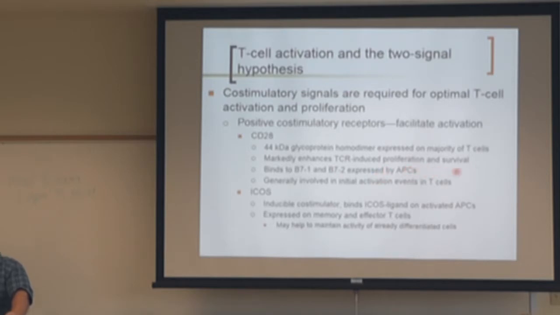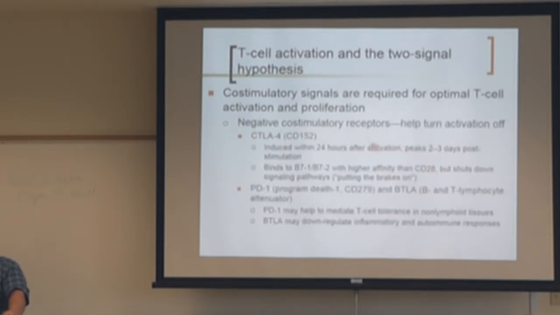Again, dendritic cells will express those constitutively, but other cells like B cells and macrophages will upregulate them. The important thing to remember with ICOS is it's not expressed at first, but it is inducible, and it will be upregulated on activated T cells.